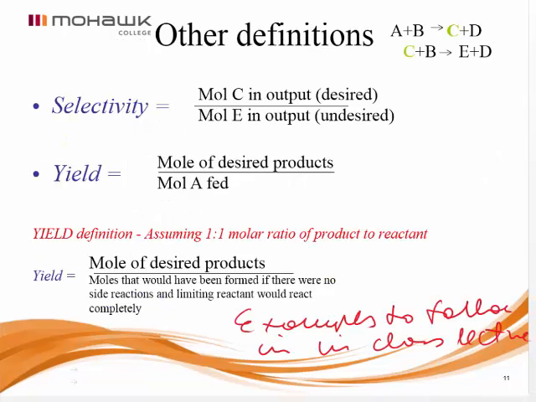With the competing reactions taking place inside the chemical reactor, we very often will have to use the term selectivity, and the selectivity is defined as the ratio of moles of C in the output, C is our desired product, divided by the moles of E in the output, where E is the undesired product.